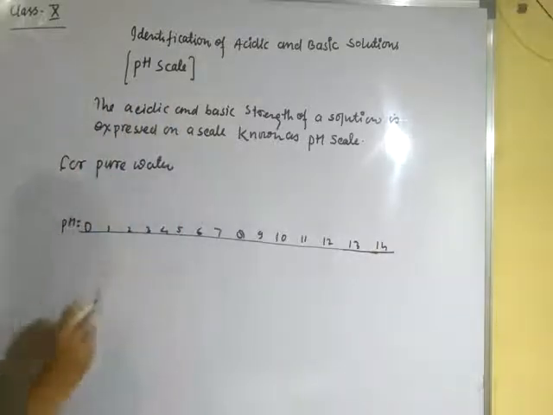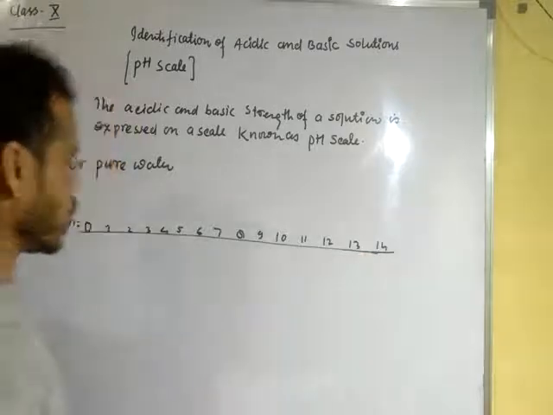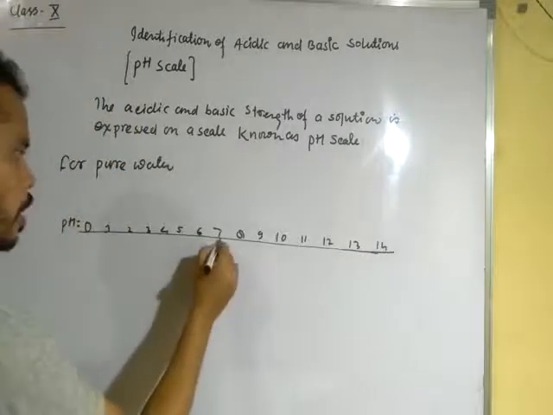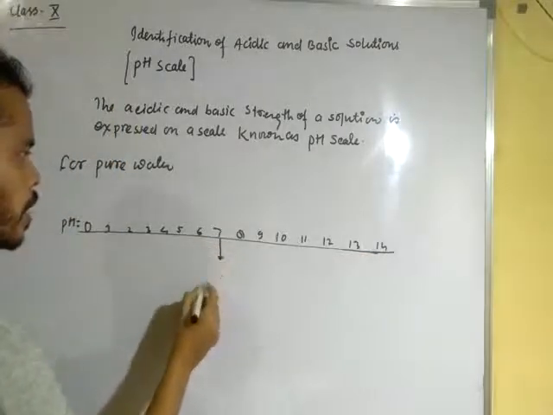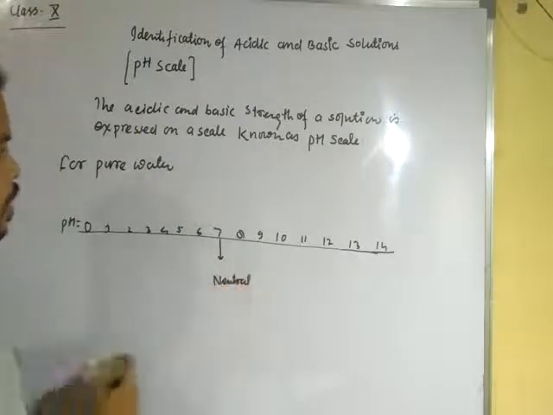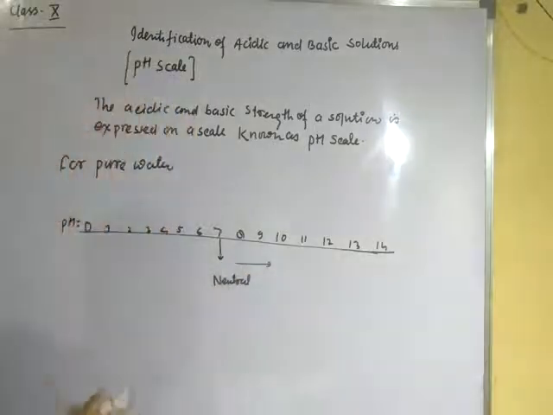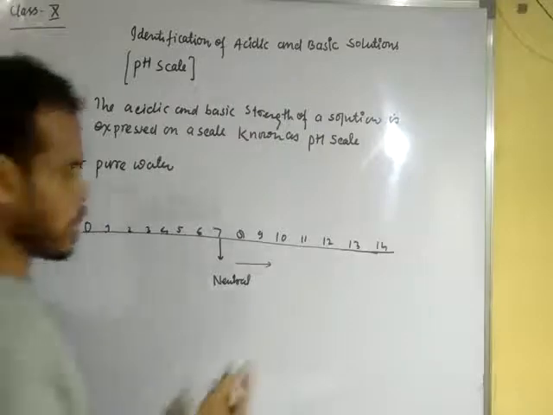The numbers on the pH scale go from 1 to 14. If the pH is 7, the solution will be neutral. If pH increases, the basic character increases.